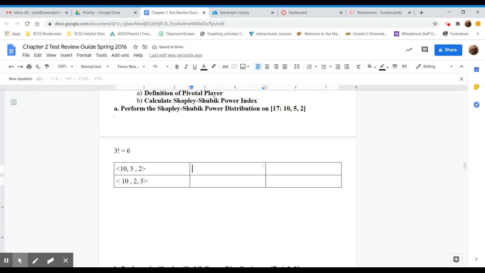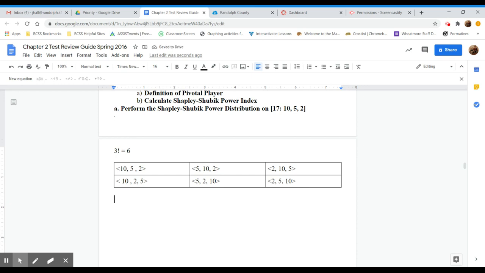It tells us how many different ways we can order them. So 5, 10, 2 is a different order. 5, 2, 10 is a different order. And now we're going to put 2 in front. 2, 10, 5. And then 2, 5, 10. Completely reversed. So there's all of the different ways we can have a sequential coalition. There's all 6 of them.